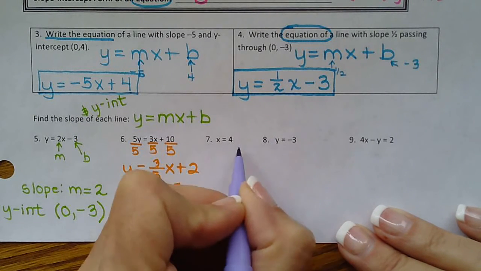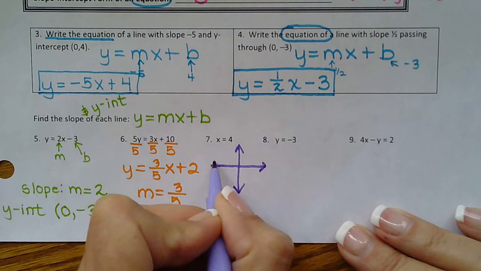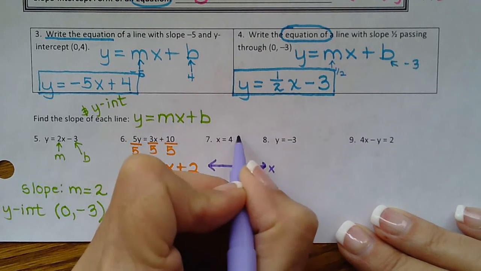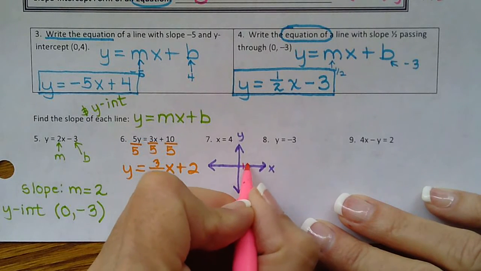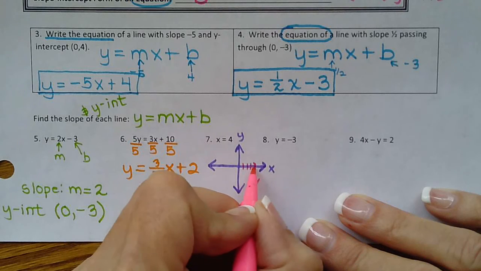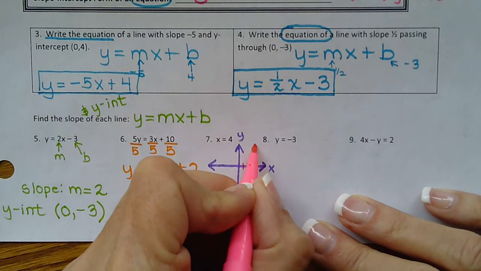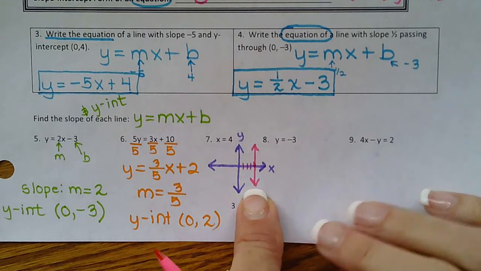So this first one says that x is 4. That means we're only going through the x-axis and we're going through at 4. So 1, 2, 3, 4. So that would look like this line, because the variable that's listed is the axis that the line passes through.